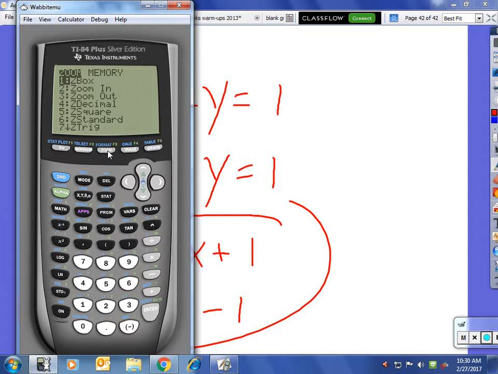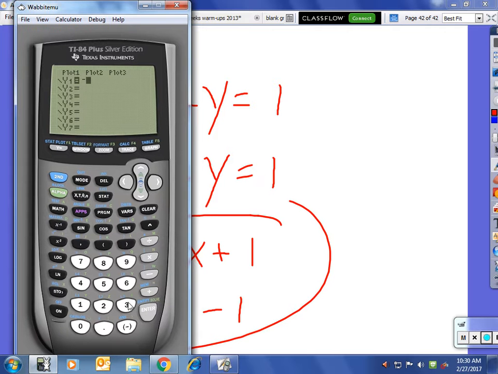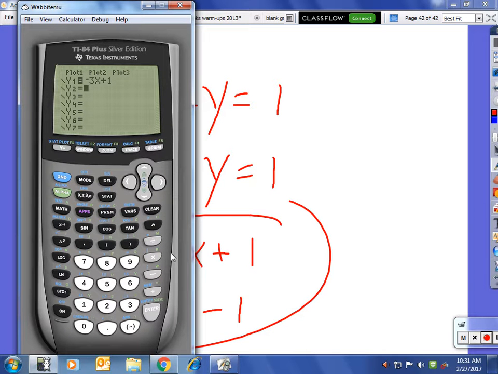I'm going to go back to Zoom 6, so I'm back to my normal screen. Please be careful when you are changing your lines around. Y equals negative 3x plus 1, and y equals 7x minus 1. And I'm going to calculate where they intersect.